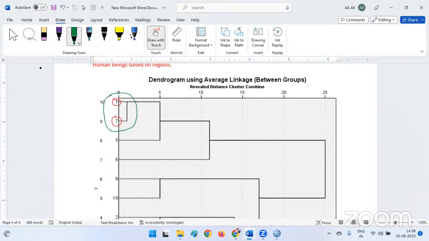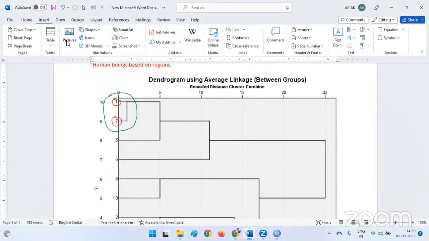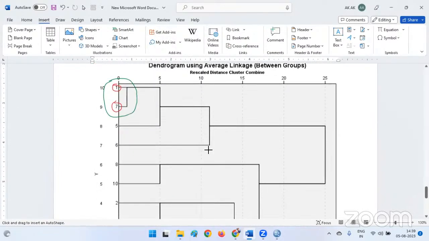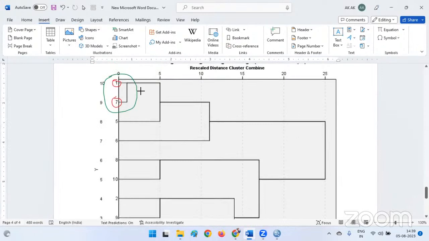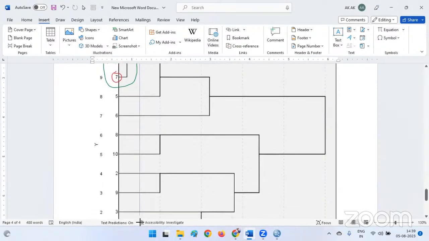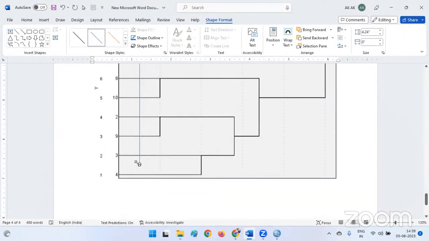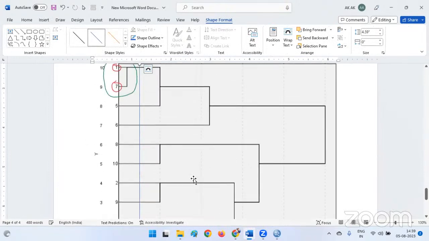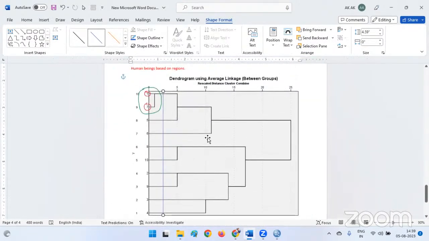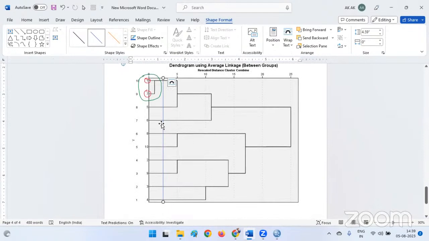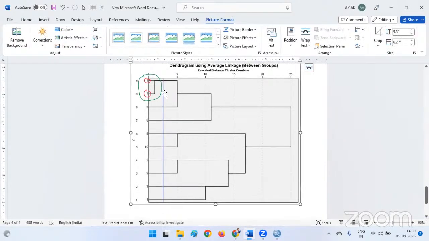Why is this the first cluster? Because no other data points have met each other anywhere else. You see that. If I draw a line here, and let me put some weight to this line.